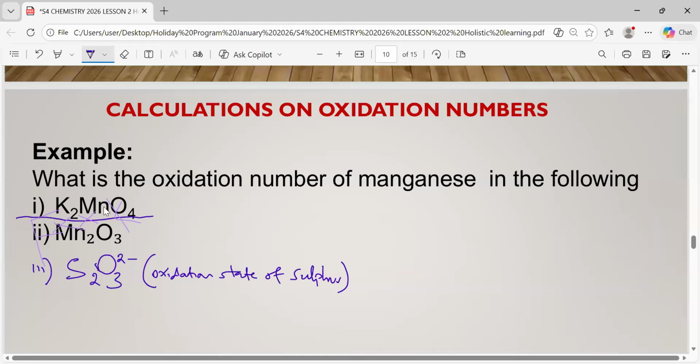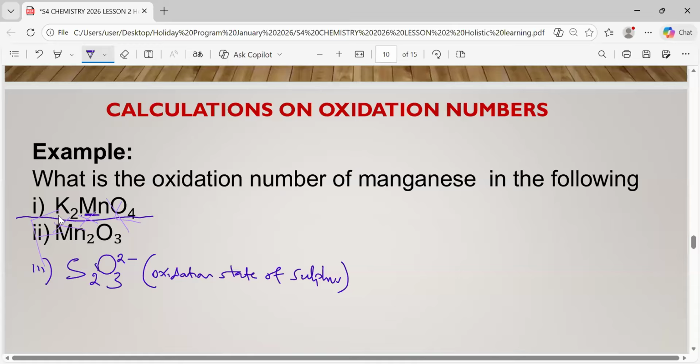Now let's look at this one. They want us to determine the oxidation number, or oxidation state, of manganese in this compound. Make sure your microphone is on. There's one thing that we saw in assigning oxidation numbers.